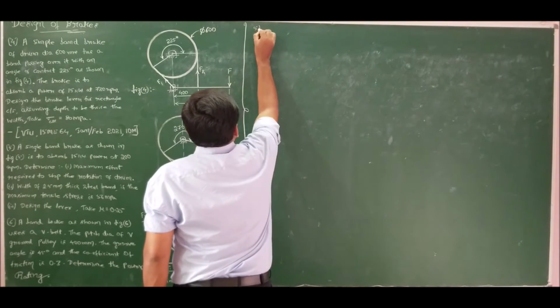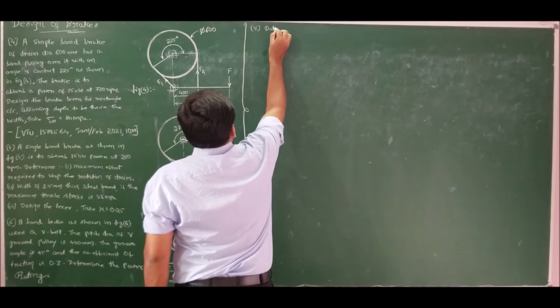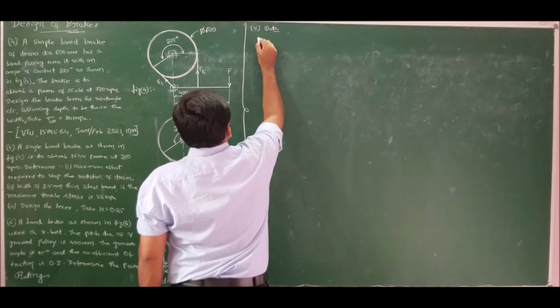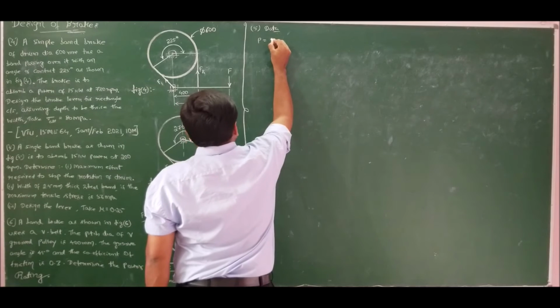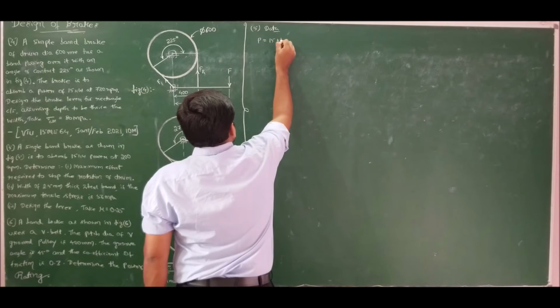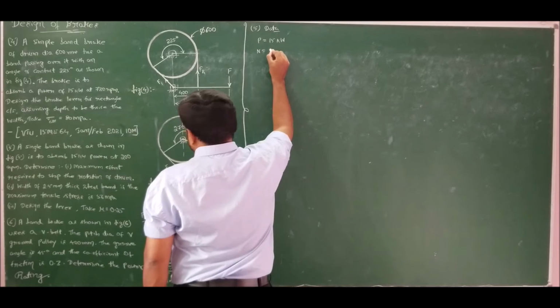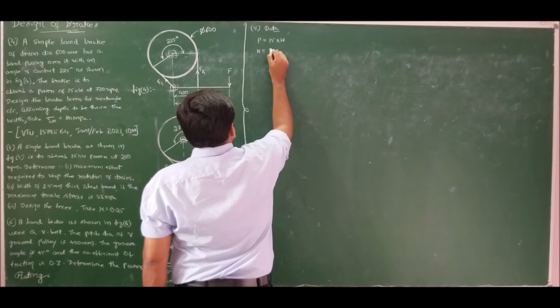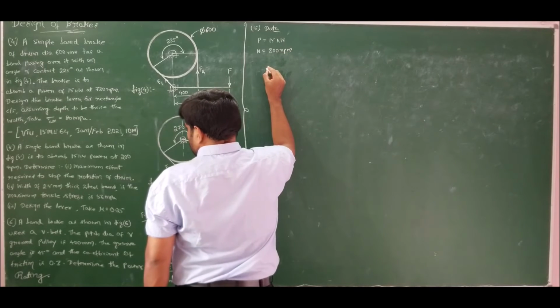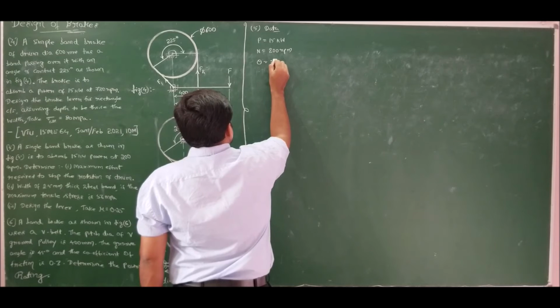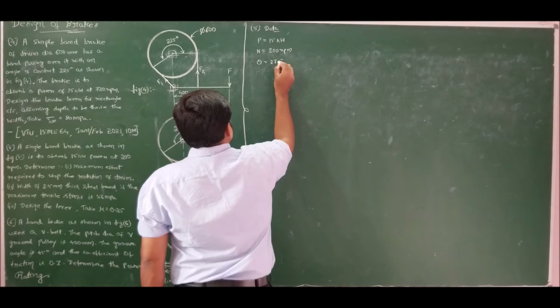From the data given for problem number 5, we have a simple band brake to absorb a power of 15 kilowatts at a rated speed of 200 rpm, and we have the angle theta, which is 270 degrees.